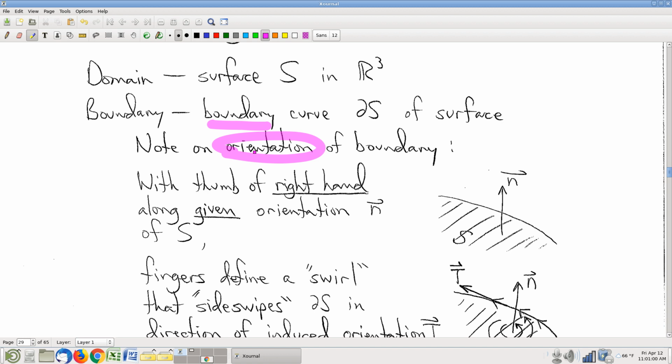You've got to decide. Said differently, we have to make a choice of a convention. What does this word boundary mean as it relates to orientation? We made an arbitrary choice on this with Green's theorem. I suppose we could have gone either way, clockwise, counterclockwise, whatever.